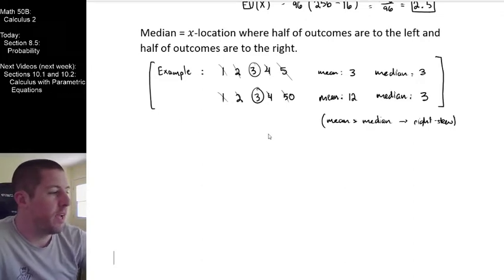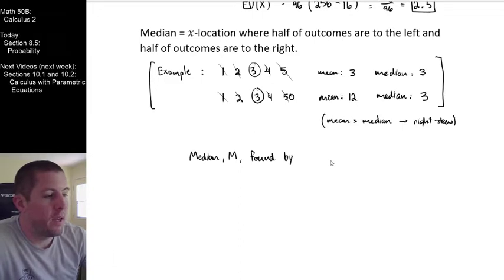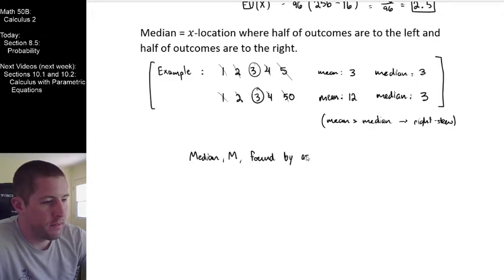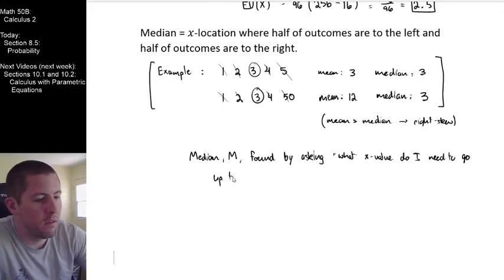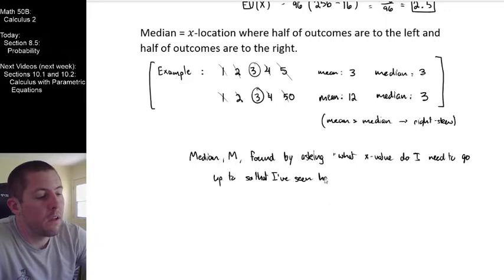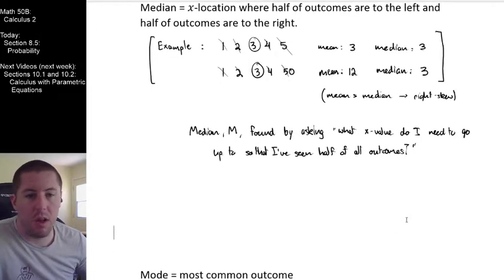And so what we're going to do is define our median by saying, what x value do I need to go up to until I've seen half of all of my outcomes? And we're going to set up an integral that exactly goes along with this question right here.